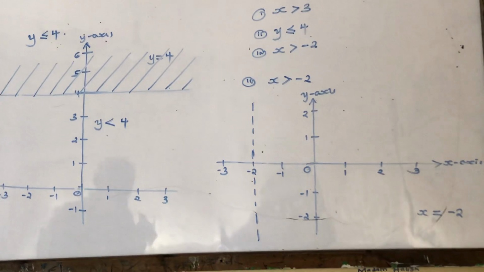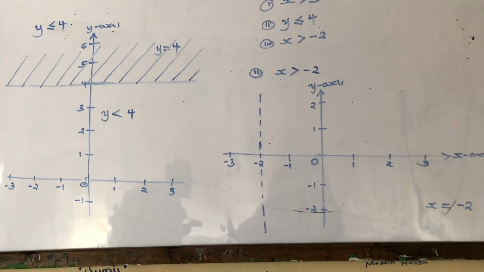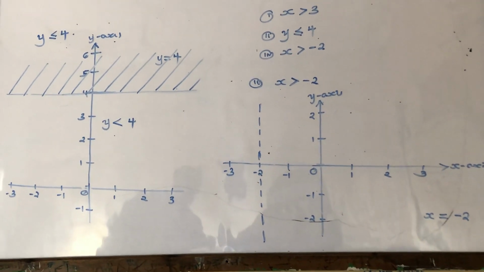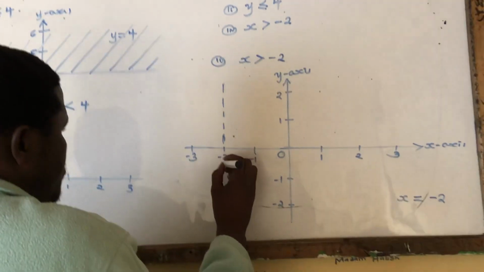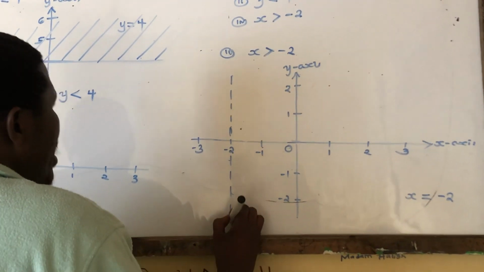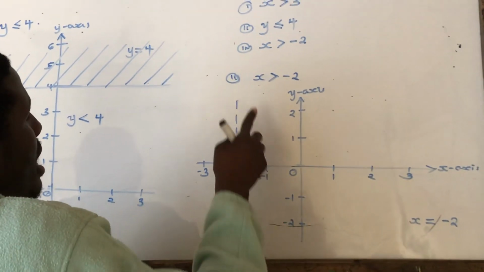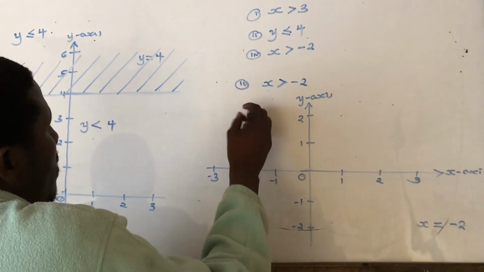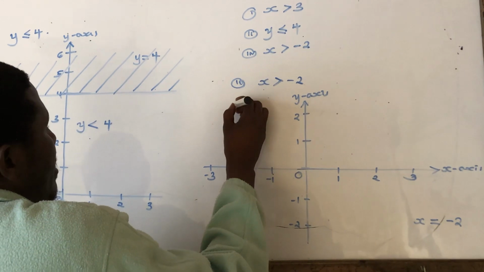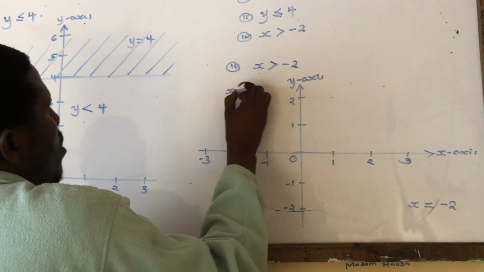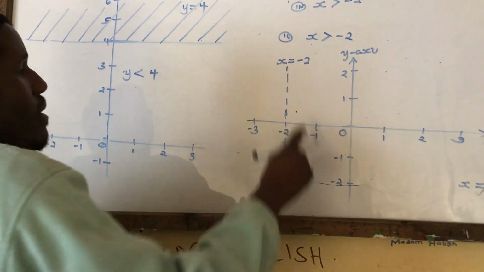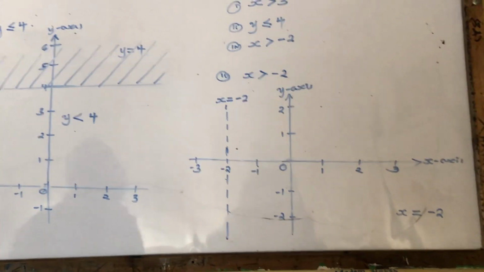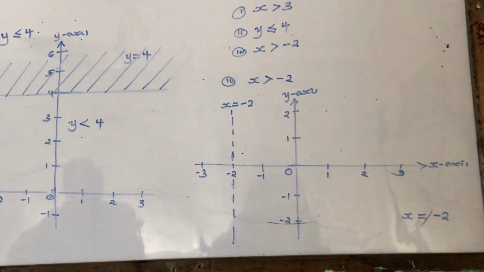What then are we going to do? Take note, when labeling, this line should be labeled using an equal sign. It must be labeled using an equal sign.